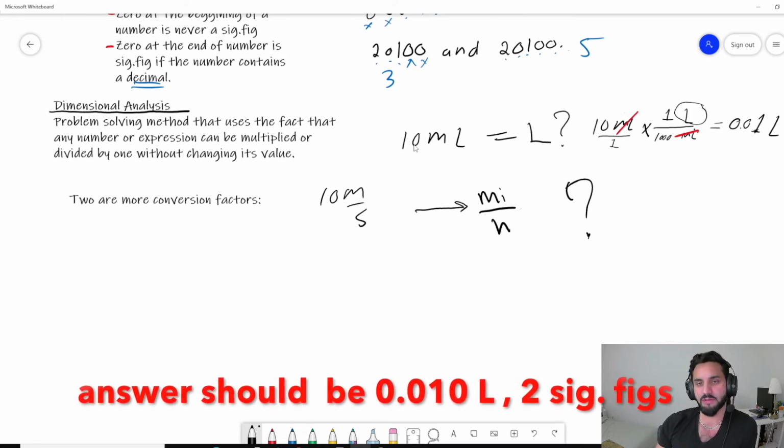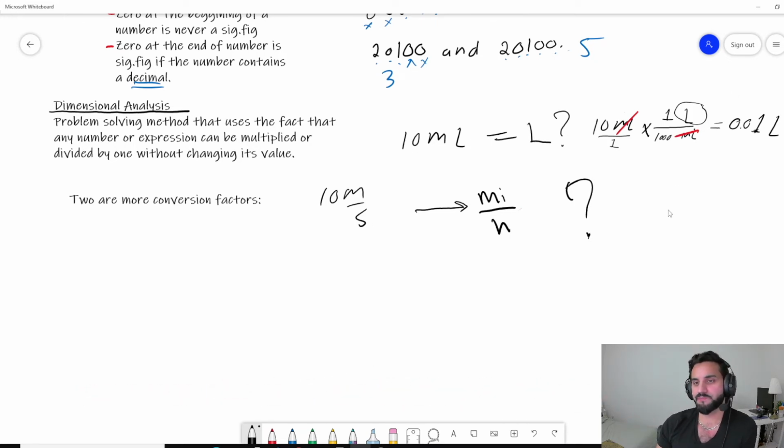This is a one conversion, and we call it the one step. Sometimes there are many steps to convert something. For example, I have here two or more conversion factors.